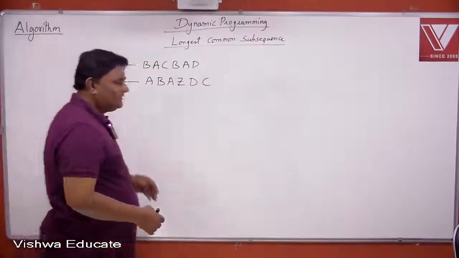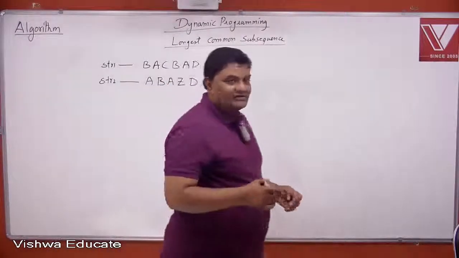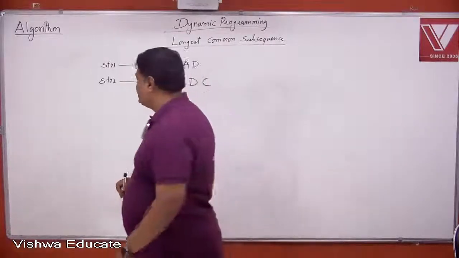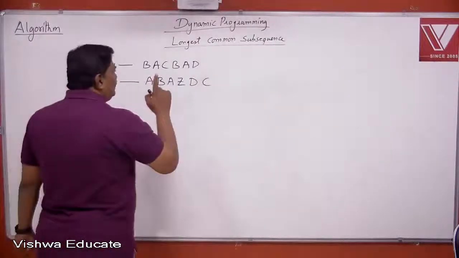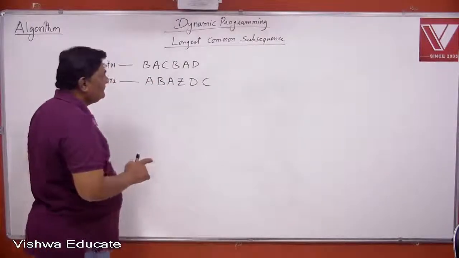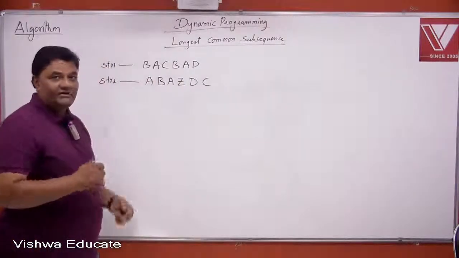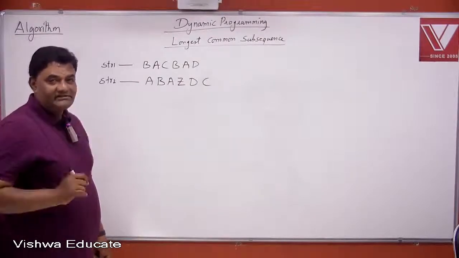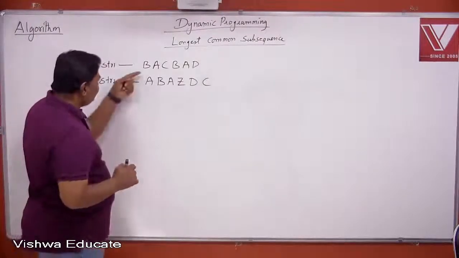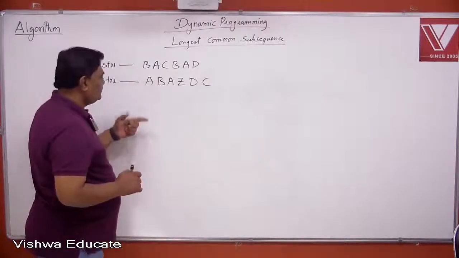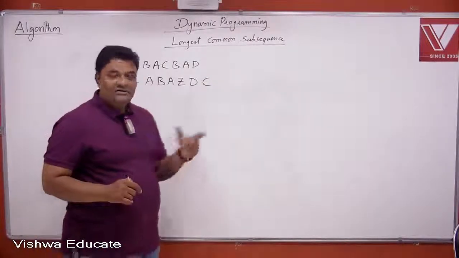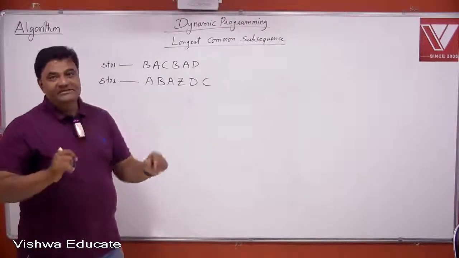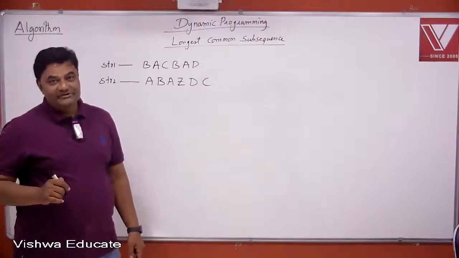There is nothing like main string or substrings. These are two different strings. Then you have to find out the common sequence of alphabets. So what is the longest common sequence? If you see the alphabets in string 1 and string 2, they are common alphabets, so their relative positions must be the same.